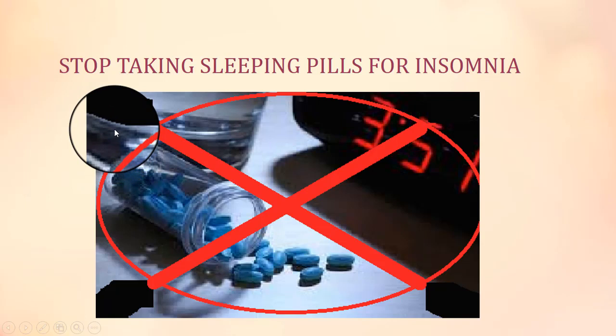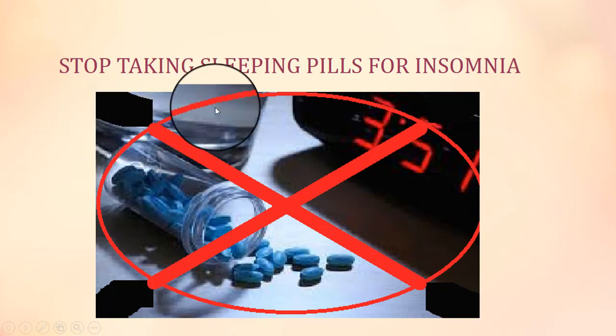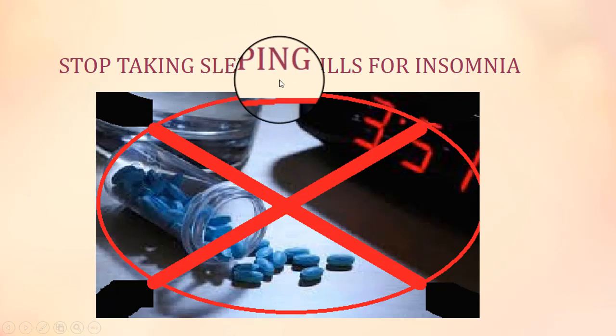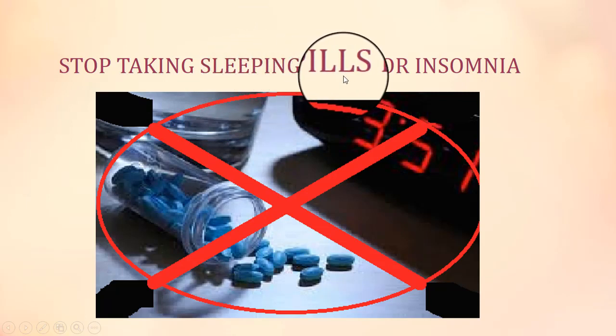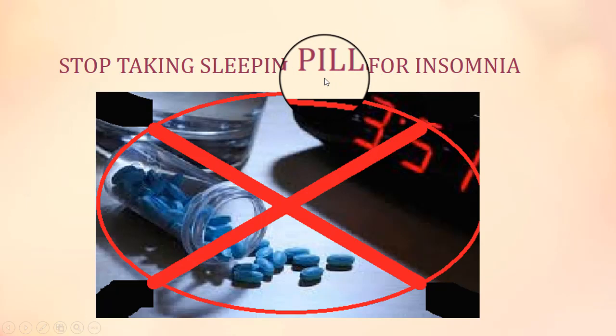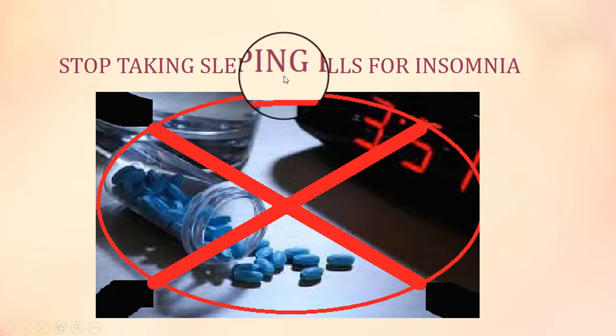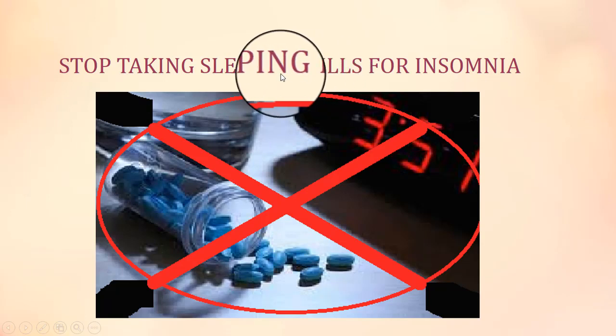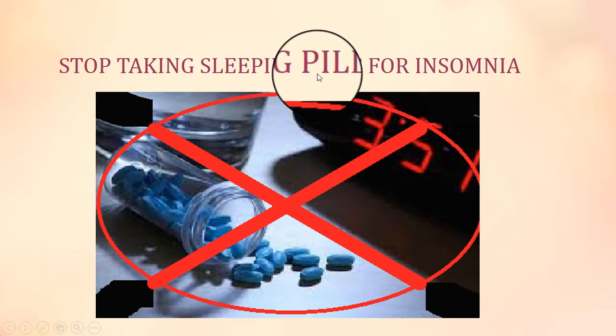The different types of sleeping pills include specific hypnotics, benzodiazepines, and barbiturates. Common benzodiazepines like Valium, Librium, Ativan increase drowsiness, thereby enabling sleep in the human body.